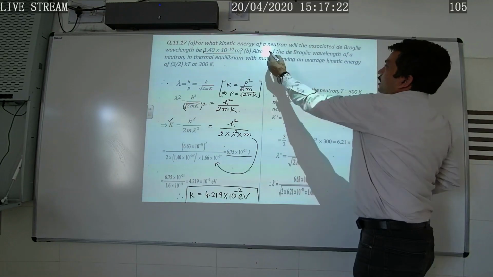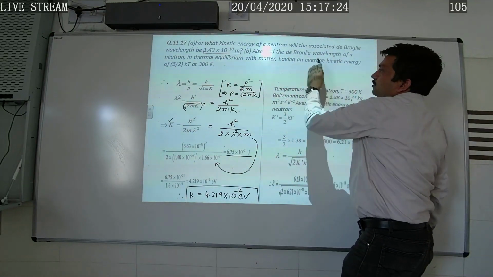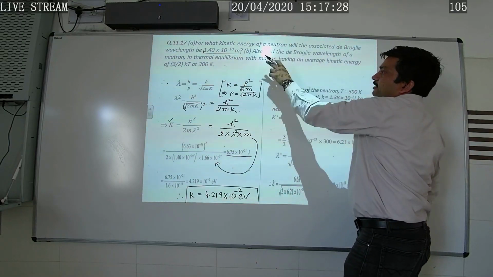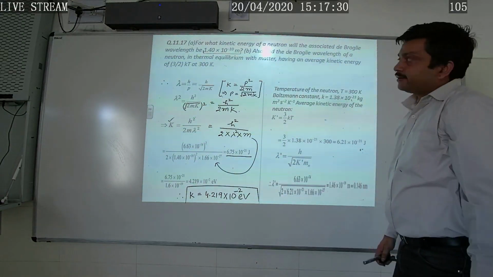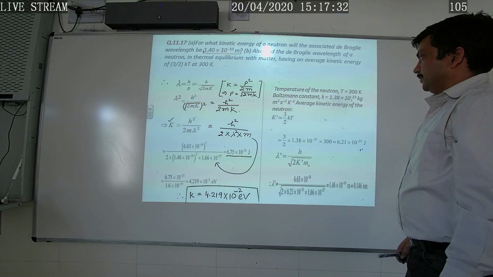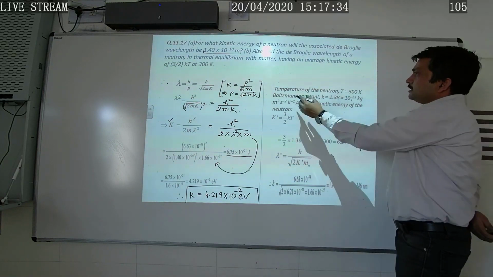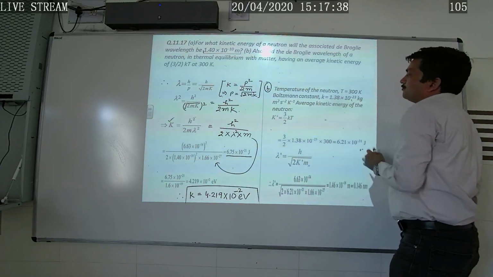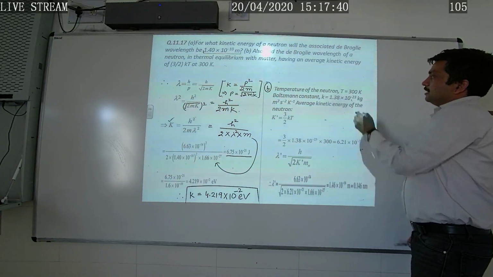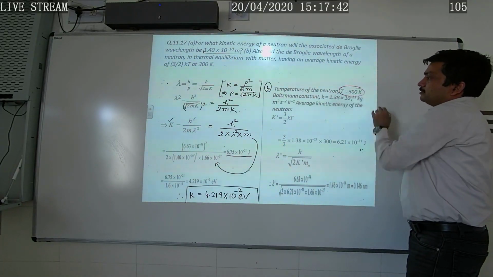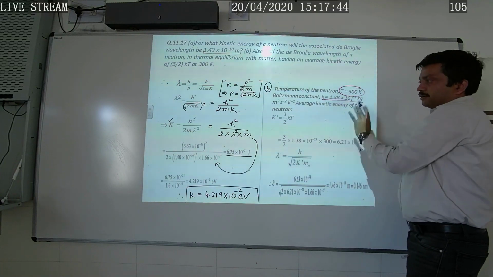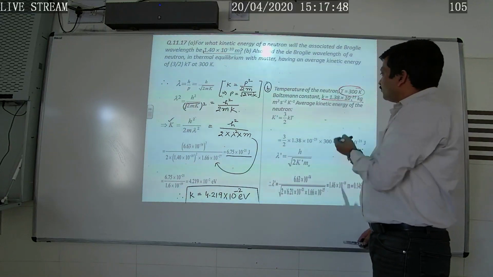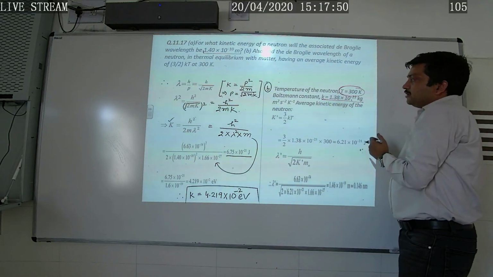Further, also find the de Broglie wavelength of a neutron in thermal equilibrium with matter, having average kinetic energy 3/2 kBT at 300 Kelvin temperature. So here in part B, we are provided the temperature of the neutron, that is 300 Kelvin. The Boltzmann constant is already known to us, 1.38 into 10 to the power minus 23 joule per Kelvin.